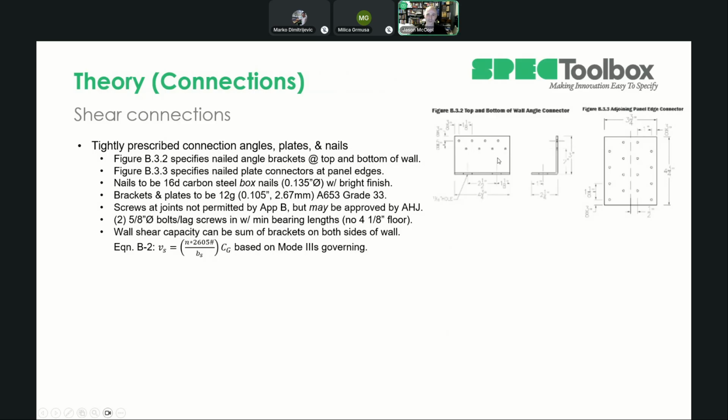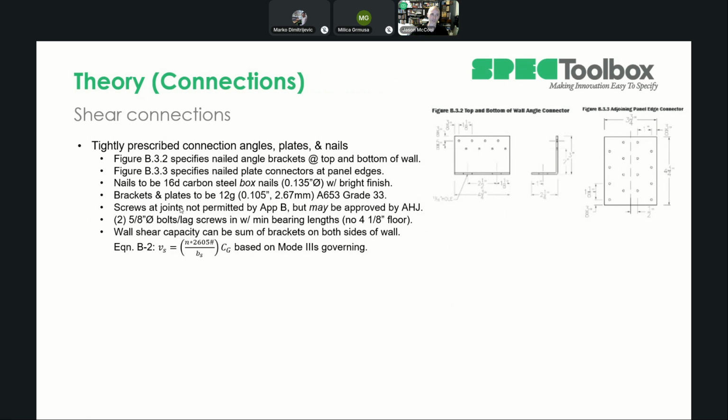And so you're using these at the base and top of the walls. You're using these plates at the panel edges. And then not using screws. They do say in the commentary that that's not permitted by Appendix B, but it may be approved by your local building department.